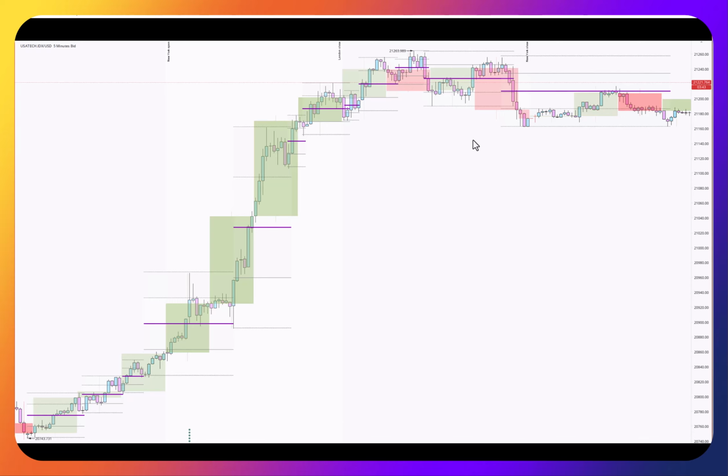Now, the point of this lesson is that last time we talked about momentum of the legs and how we use this momentum in line with our structure to define our market cycle. Because in each market cycle, you have to use a special way of entering the trade. So for example, here we have a channel in the lower time frame, and in the higher time frame, we have just green candles.